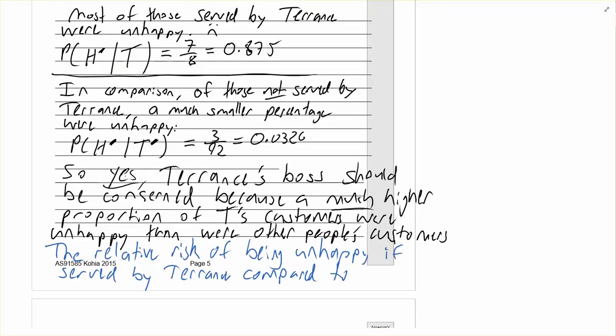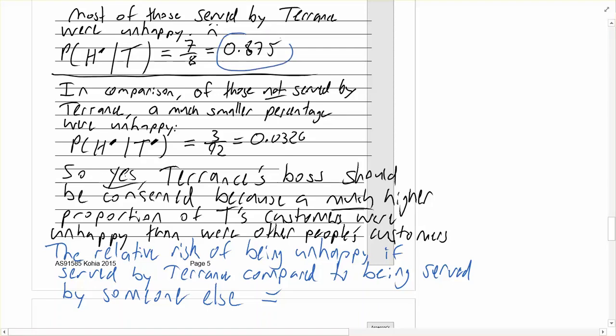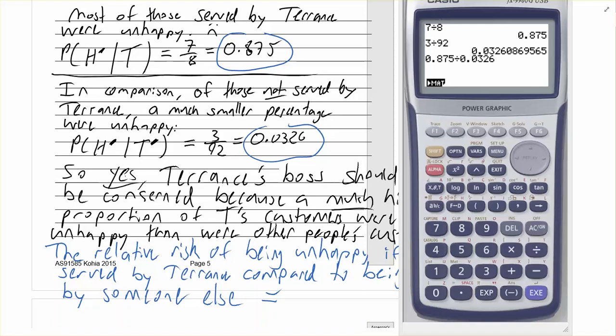compared to being served by someone else equals the risk of being unhappy if you're served by Terence, which is 0.875, divided by the risk of being unhappy if you were served by someone else, which is 0.0326. So again, 87.5% divided by 3.26%, and 26.8 times more likely to be unhappy if you were served by Terence.